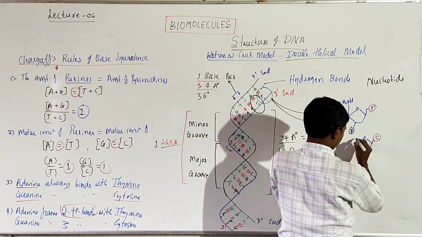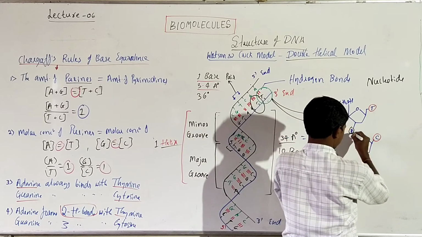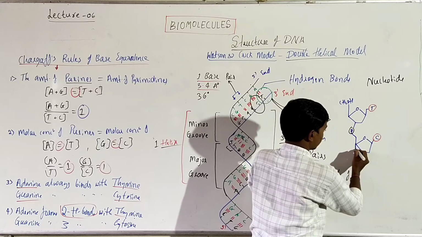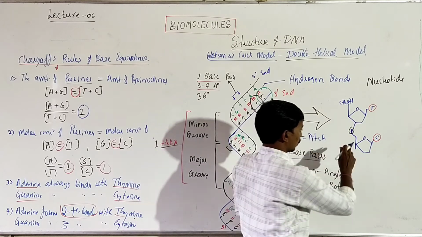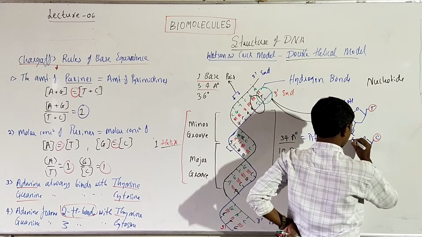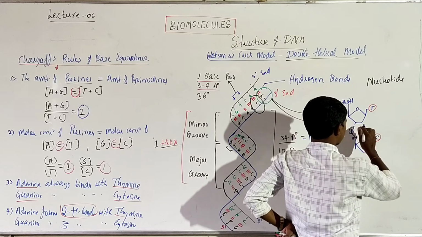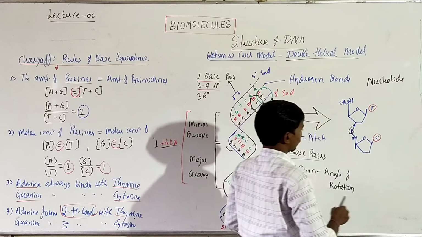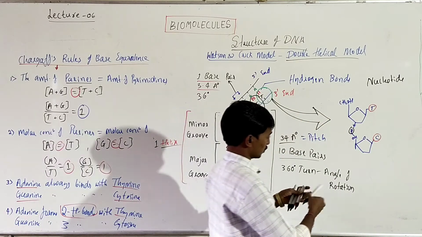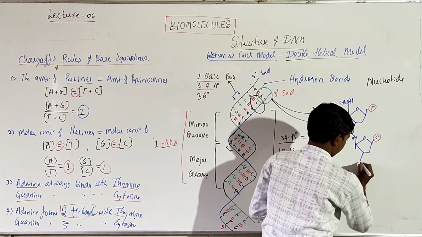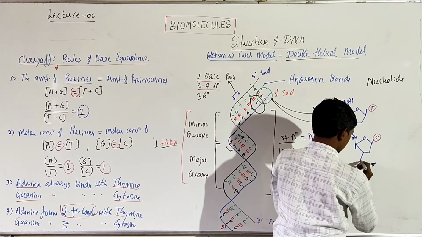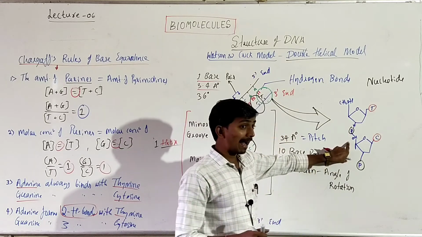In the place of this CH2OH, only OH remains. Here only H remains. As a result, another phosphate has joined. So this is another nucleotide.